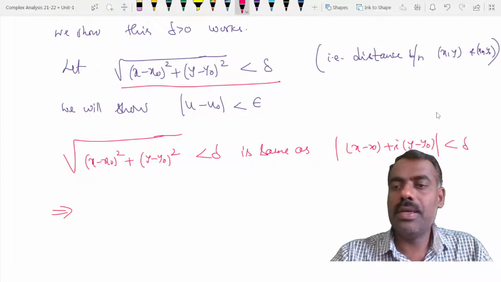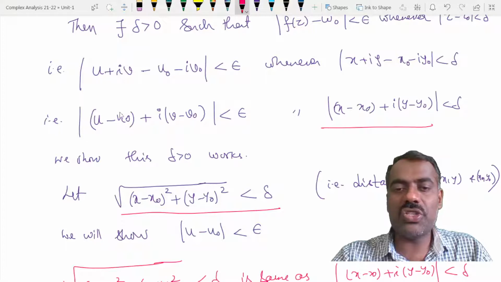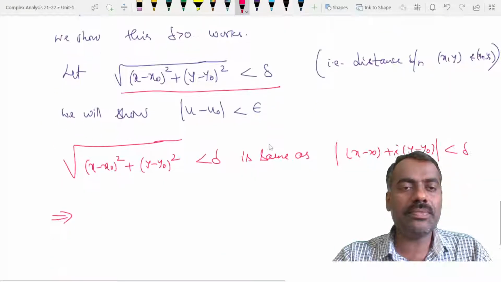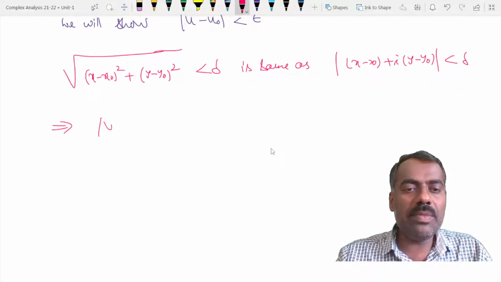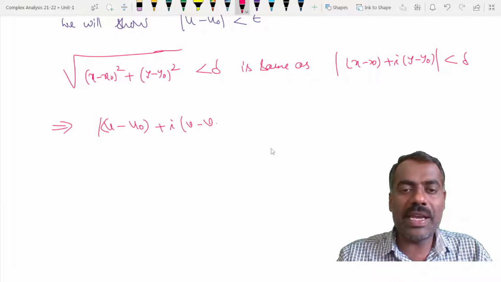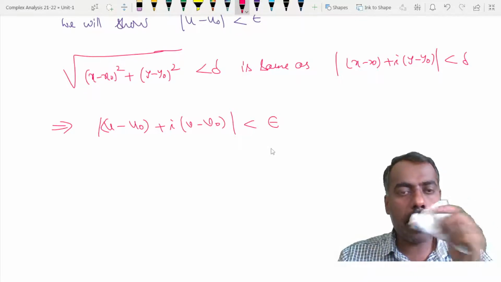This implies, whenever this is true, we know that this is true. So we can immediately conclude mod of (u minus u naught plus i times v minus v naught) is less than epsilon.